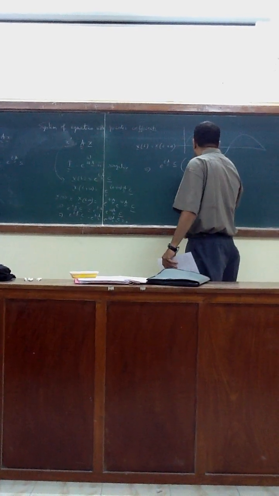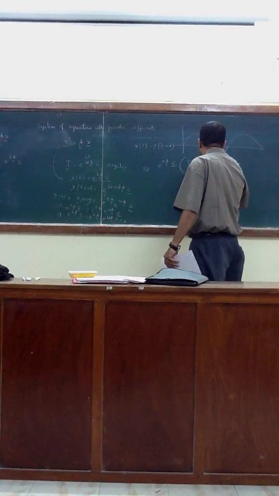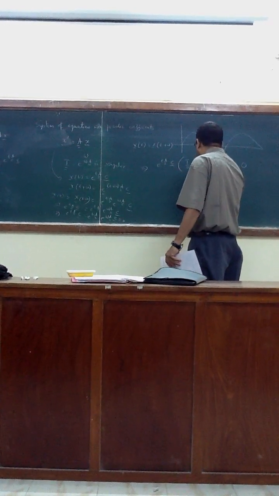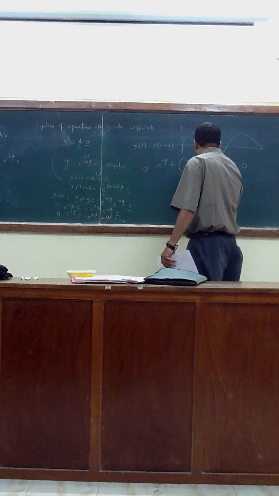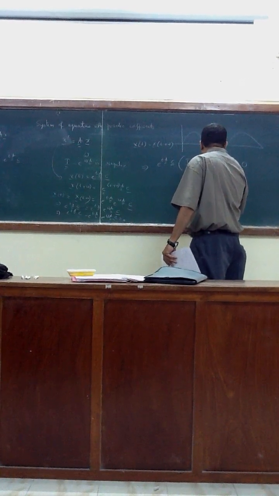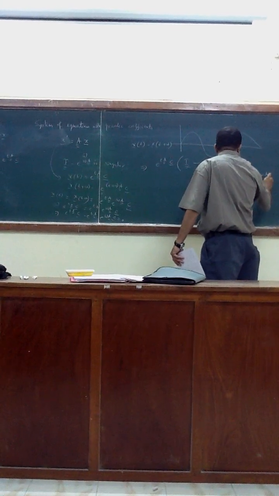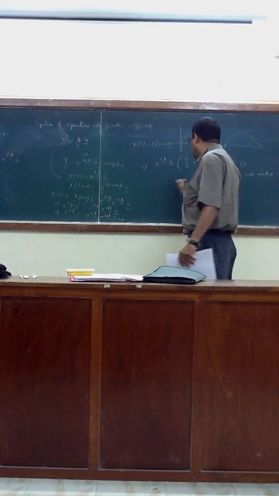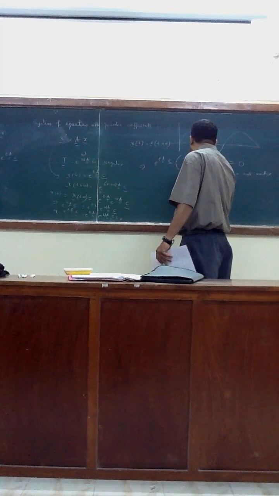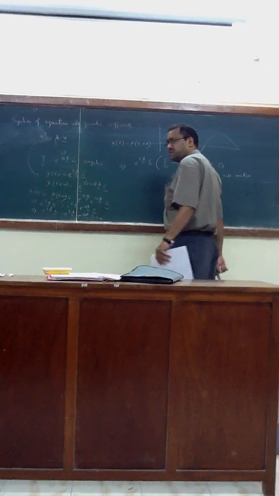So minus e to the power omega a equals 0. E to the power ta cannot be a null matrix. In that case, there is no point to the solution. So e to the power ta, of course, is not equal to the zero matrix.